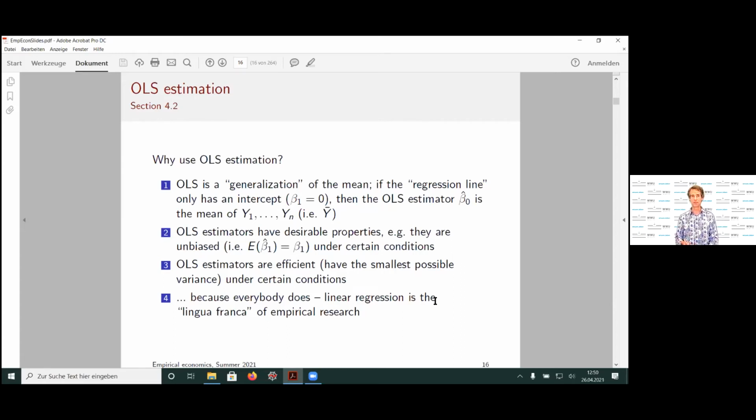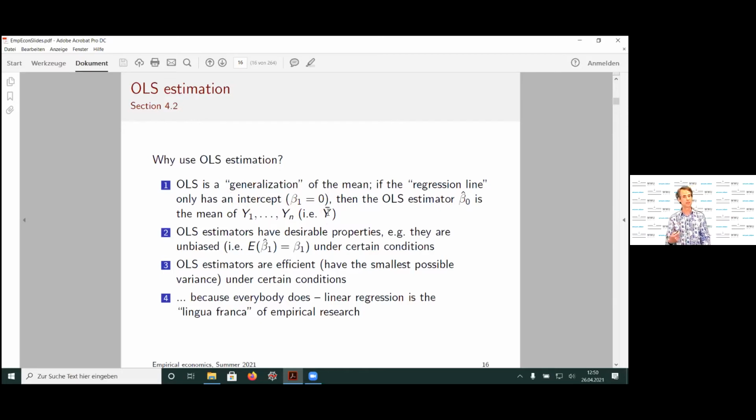For instance, if the regression line is forced to have an intercept of 0, so if in effect you just skip the exogenous variable, the regressor x, and put its impact to 0, then what's left is only the intercept. And if you actually perform the OLS minimization, then what you will get as an OLS estimator for the intercept, beta 0 hat, is just the mean of the endogenous variable values, y bar, just the average.